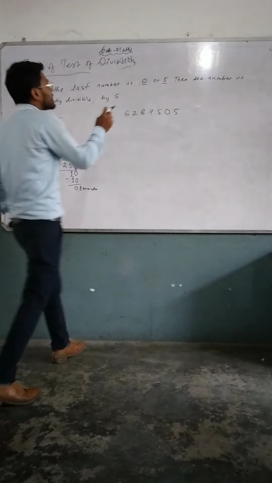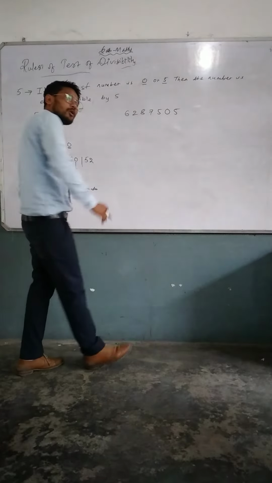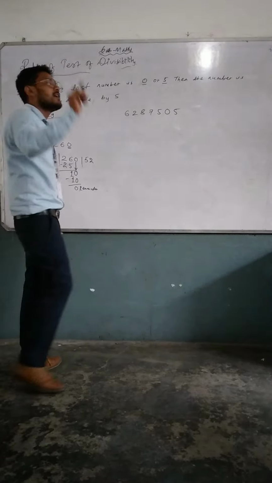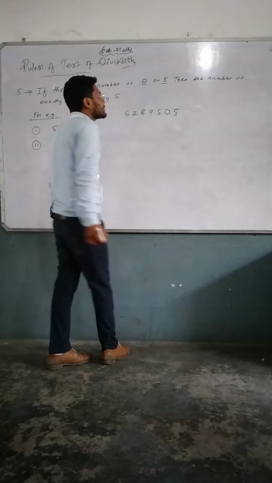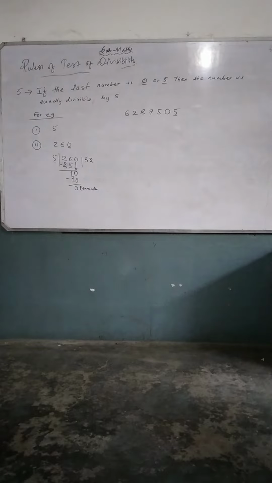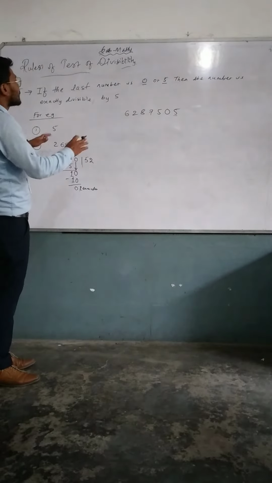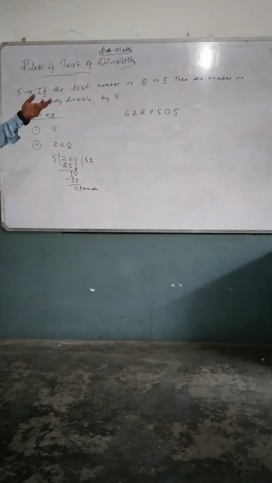That means this 0 or 5 should be at the last. Then only we can say the whole number is exactly divisible by 5. So the last number is matching with the given number. Yes, sir. That means without doing the division also we can say that it is exactly divisible by 5.